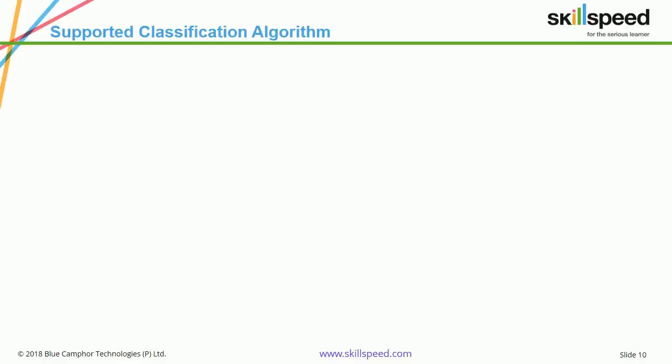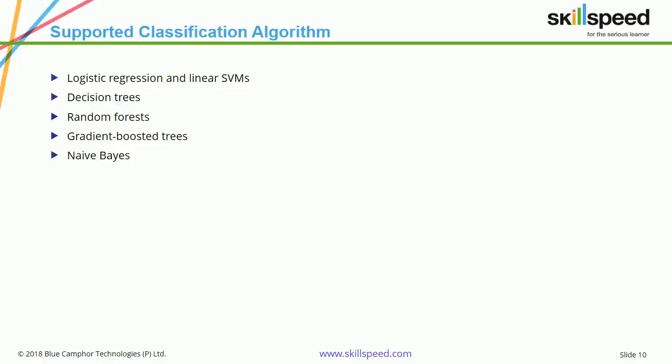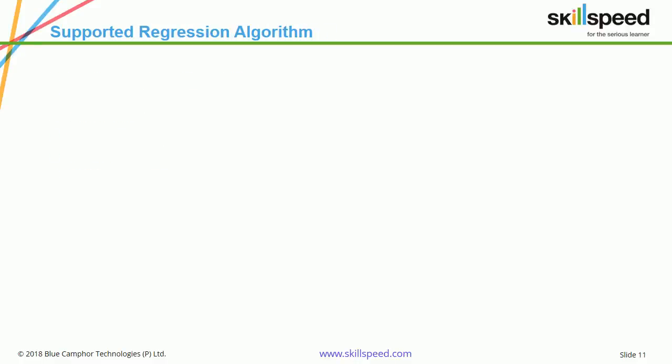And what are some of the supported classification algorithms? We have logistic regression, linear SVM, decision trees, random forest, gradient boosted trees, naive Bayes, and multilayer perceptron.